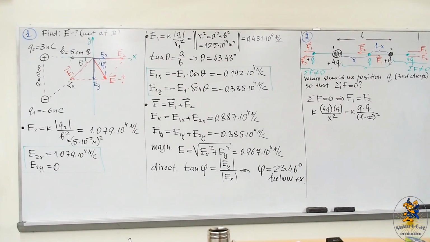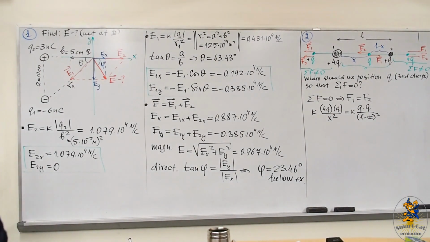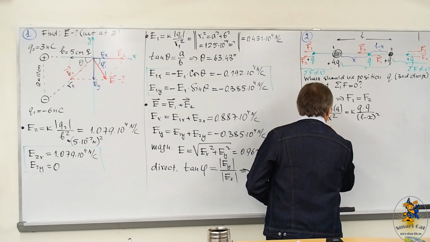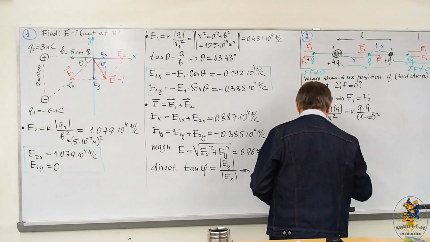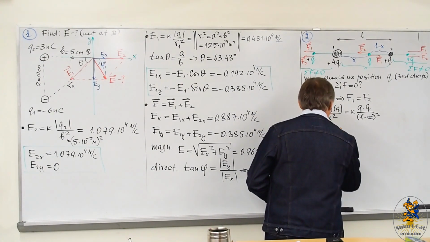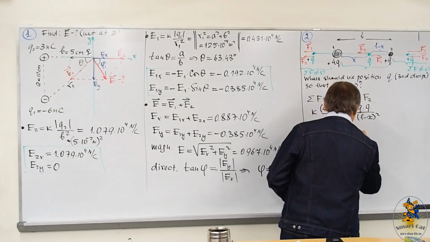That's the physics. Now, of course, we can cancel K. Q and Q squared, and here Q squared can also be cancelled. So after cancellation, we're going to get 4 over x squared equals 1 over (L minus x) to the power of 2.